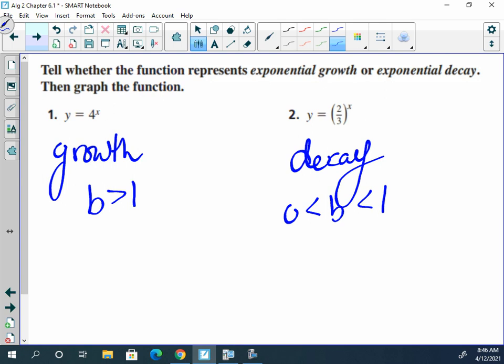Even though it is a fraction, it's helpful to see that, okay, maybe fractions will be decay. But we got to make sure that the numerator is not greater than the denominator. Because if it had been 4/3, well, that's the same as 1 1/3, so it's greater than 1. So as long as b is greater than 1, it's growth. If it's between 0 and 1, it is decay.